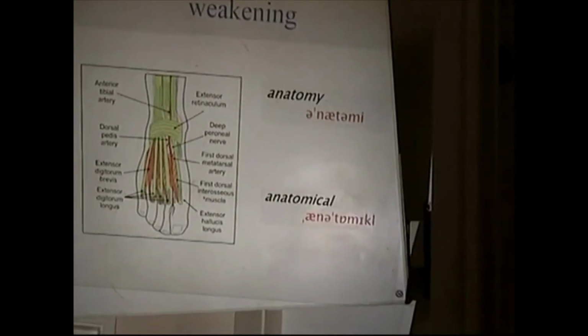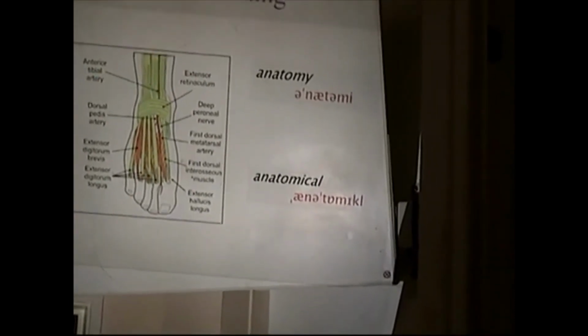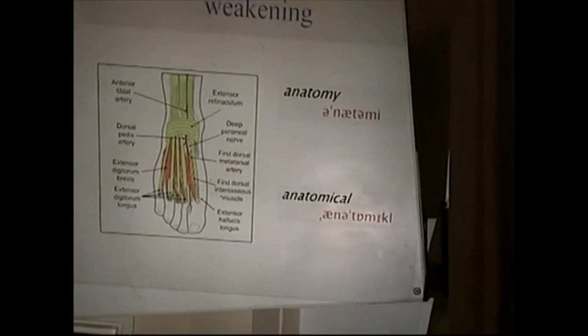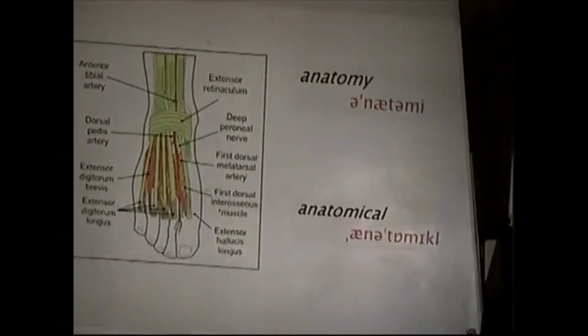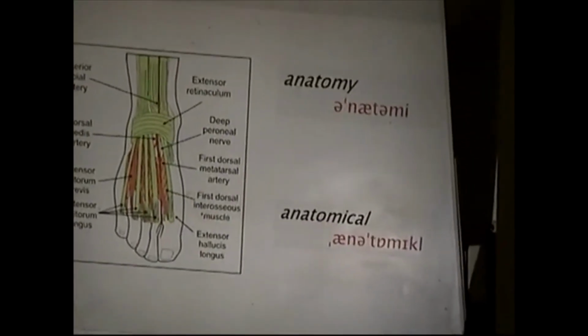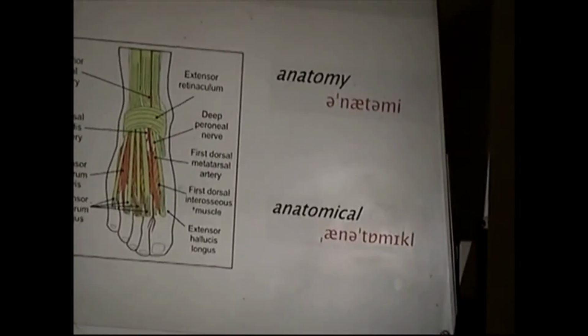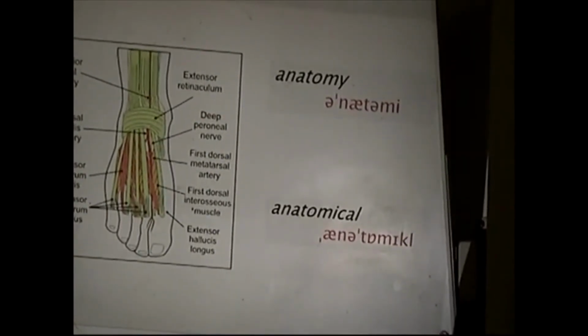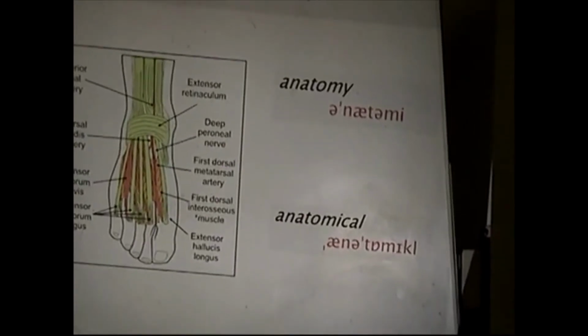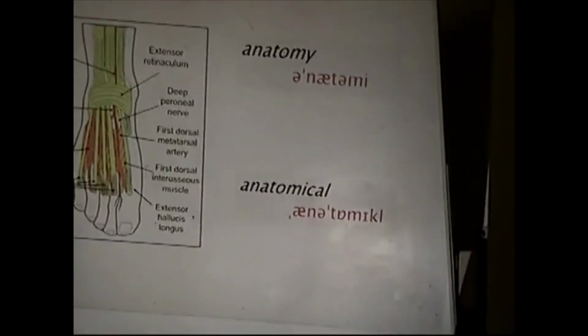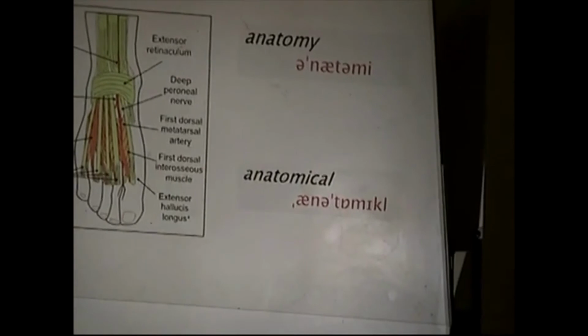Here we compare the noun anatomy and the adjective anatomical. As you can see by comparing the transcriptions, or by listening to me when I say them, we get differences in the vowels at the beginning of this word.